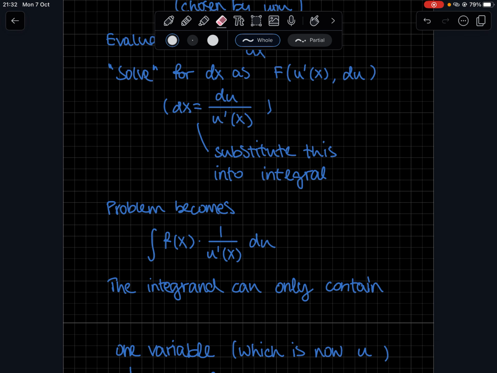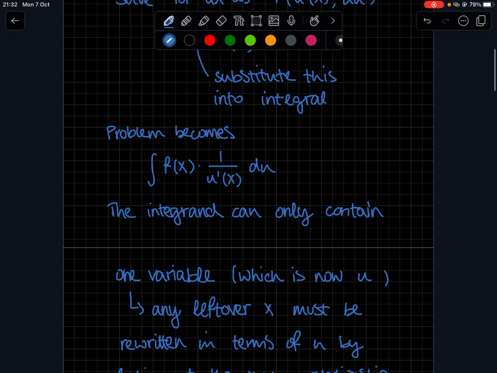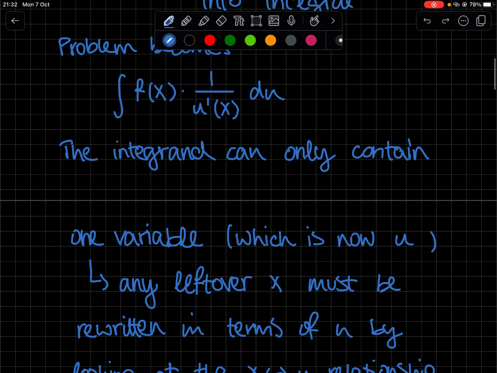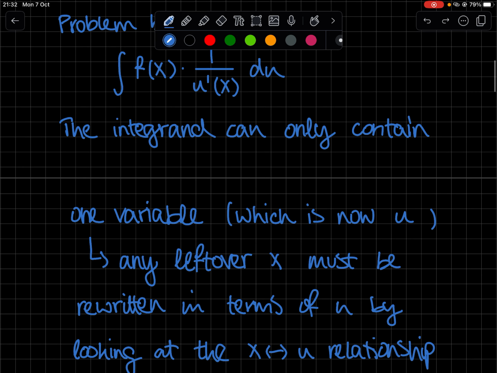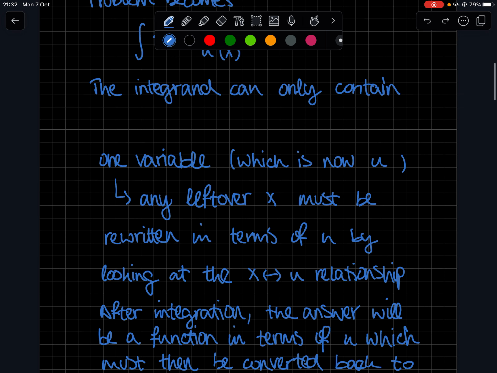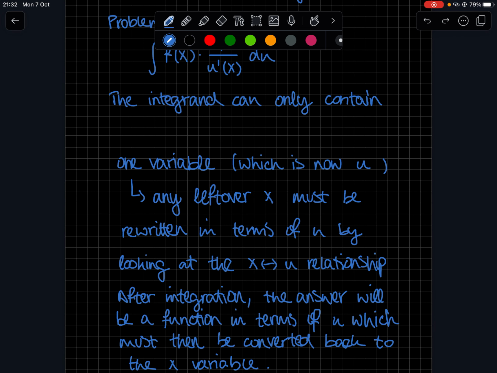Okay. The problem is that the integrand, which is this function inside of the integral, can only contain one variable. And as you'll notice here, we have a function of x and u. So that's not okay. And the way we can deal with that is that any leftover x's can be rewritten in terms of u by looking at the x-u relationship.